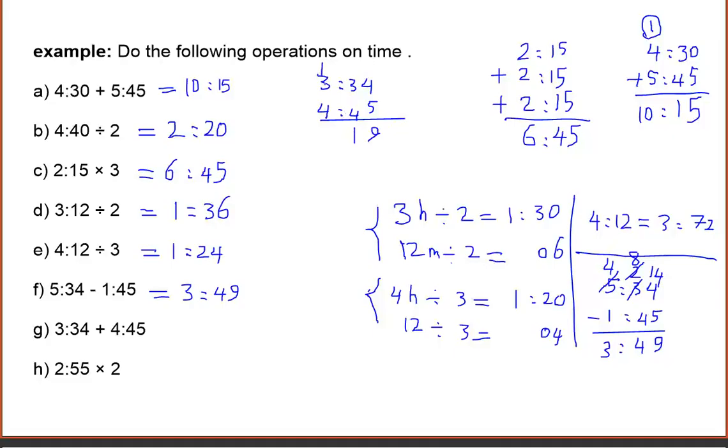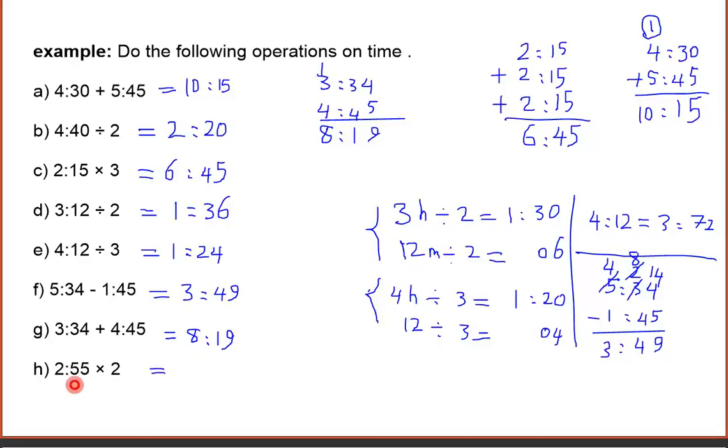I told you why, because 79 minutes is inappropriate, so I take 60 minutes to be 1 hour. Now I can add these together to say the final answer is 8 hours and 19 minutes.